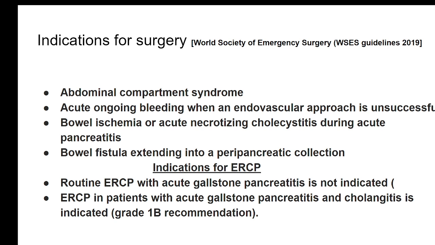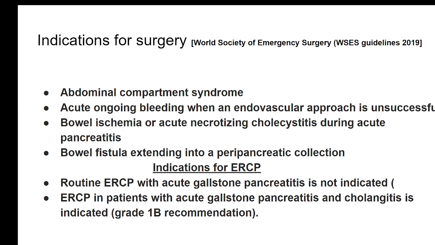But surgical interventions, or maybe other interventions, are needed if the patient has developed abdominal compartment syndrome, that's a severe fluid collection in the abdomen, which results in a failure of respiration, or respiratory movement may be reduced. Then acute ongoing bleeding, if the patient has persistent bleeding, then the administration of drugs may not be successful in that condition.